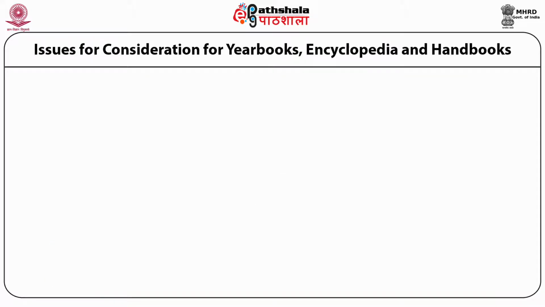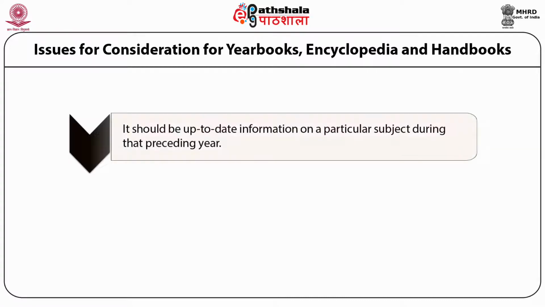Issues for consideration for yearbooks, encyclopedias, and handbooks. So, what are the important issues associated with these kinds of publications? The first issue is that these publications should be up to date, and have information which is current on a particular subject during the preceding year.